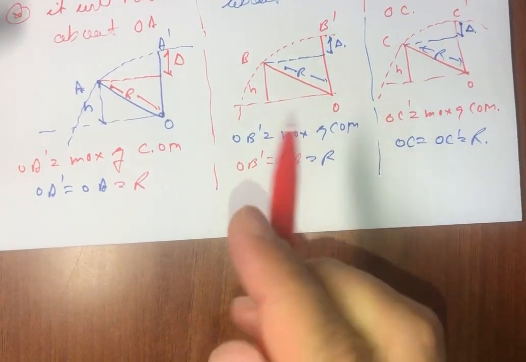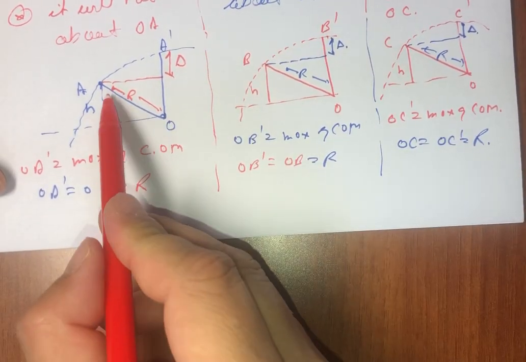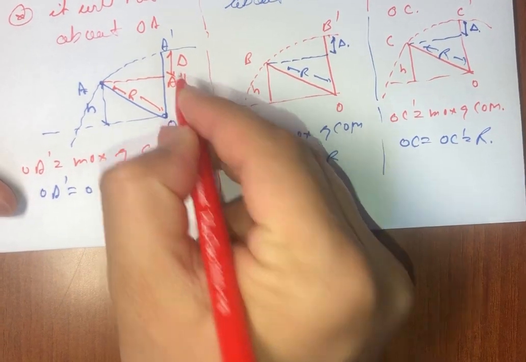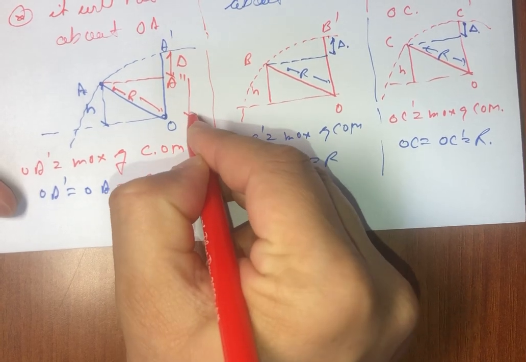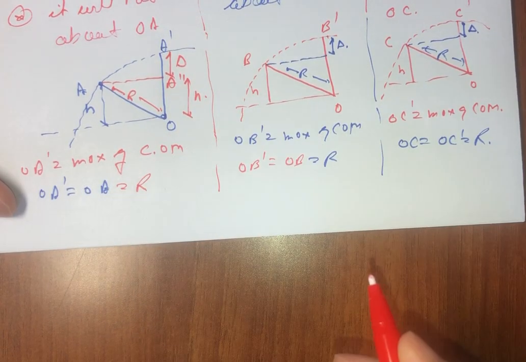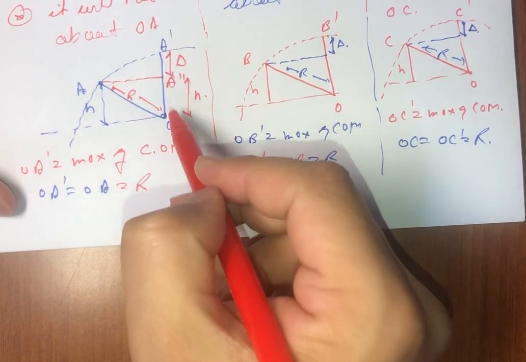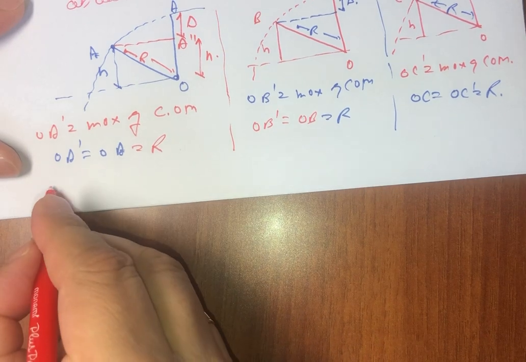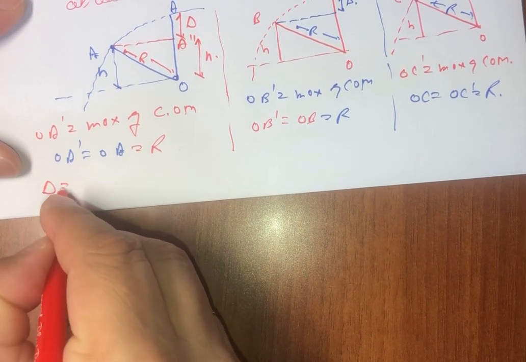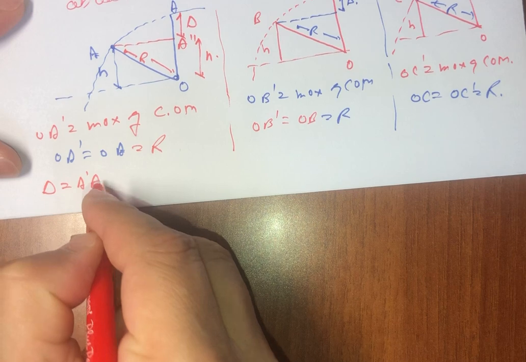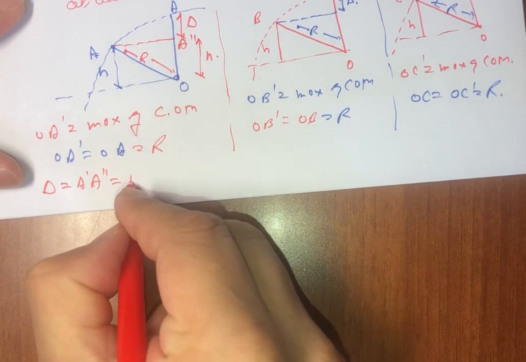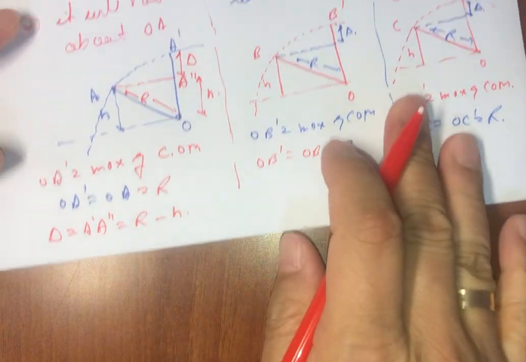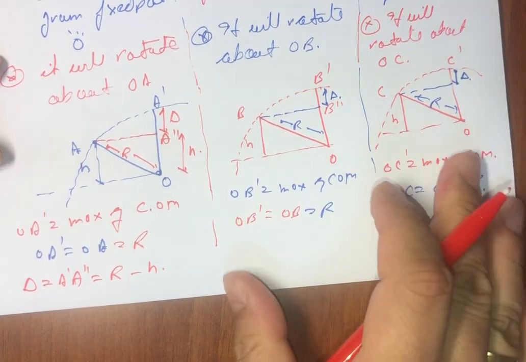Now the increase in height is delta. So let us call this point as A double prime. OA double prime is H and OA prime is R. So delta means A prime A double prime is equal to R minus H. Similarly, let us call this as B double prime.